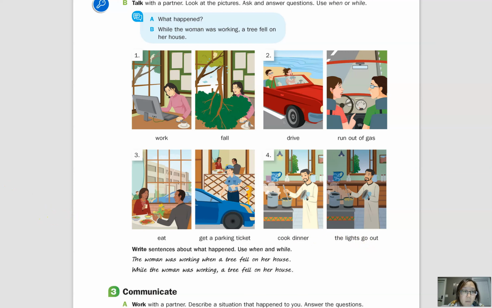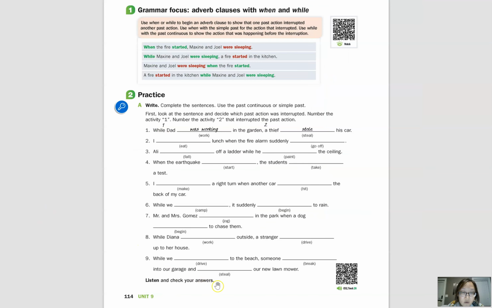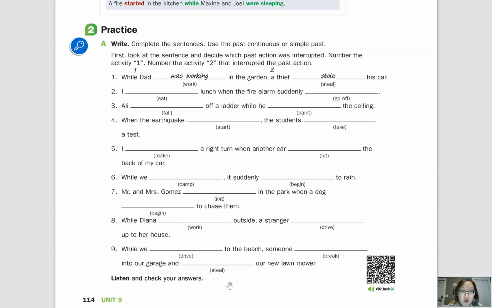Okay, so now I want to go back to page 114 and I want you to practice making questions for each sentence. You can make a question with the past continuous or the past tense. So let's look at number 1, for example.